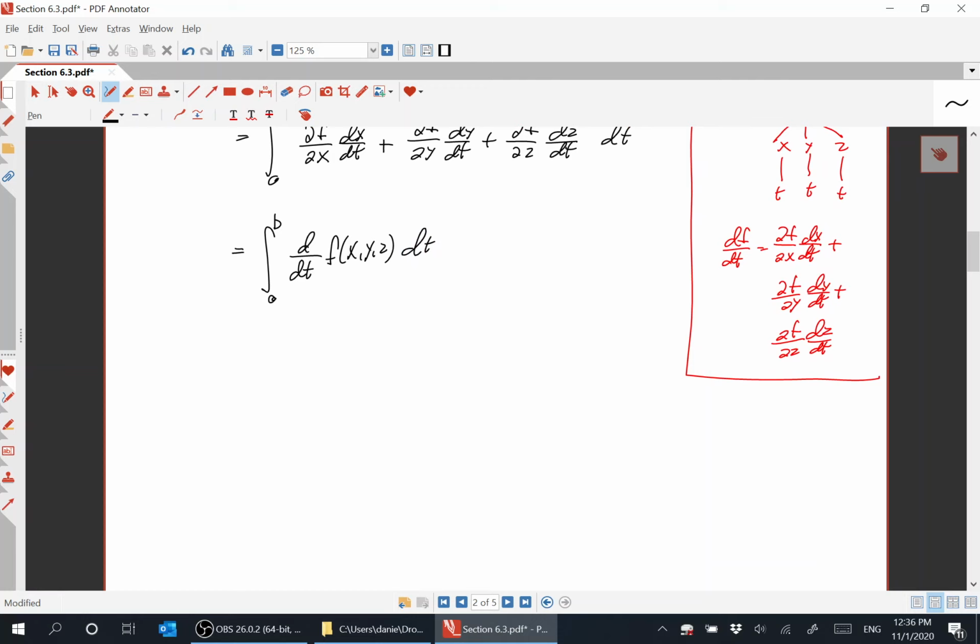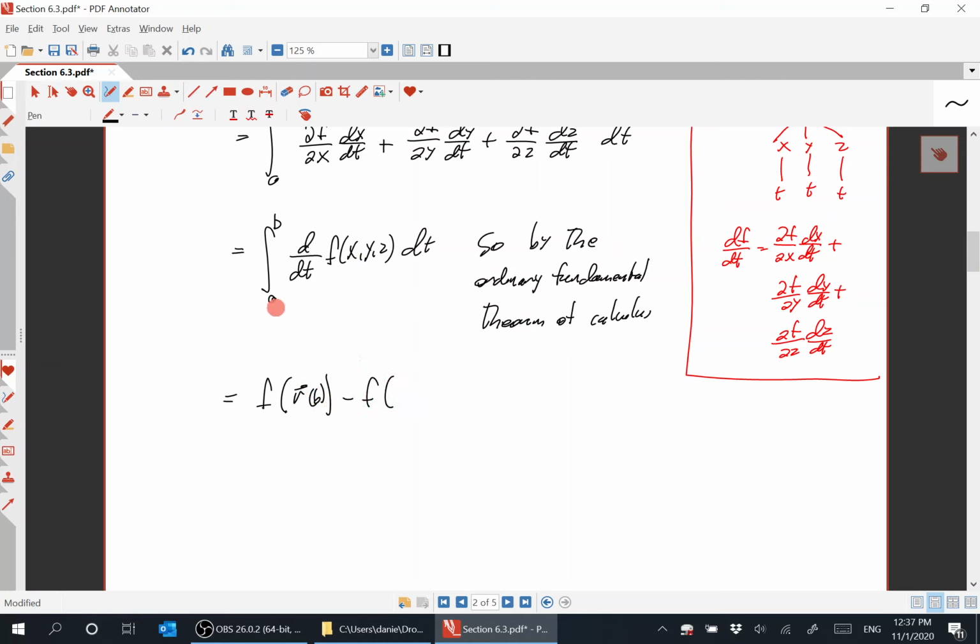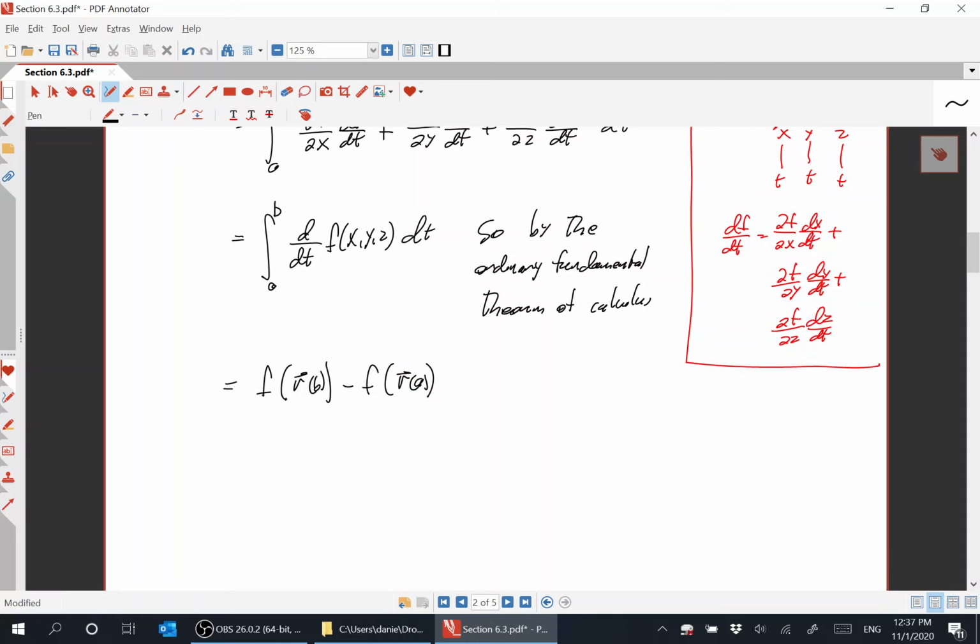So by the ordinary fundamental theorem of calculus, it all just boils down to that. This is equal to f at the beginning endpoint, where x, y, z is simply equal to r of b, minus f at the ending endpoint, which is r of a. How about that?